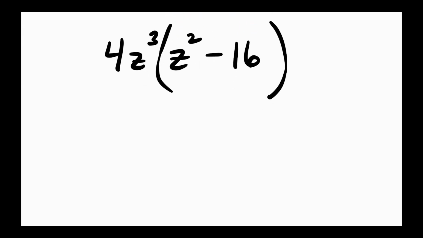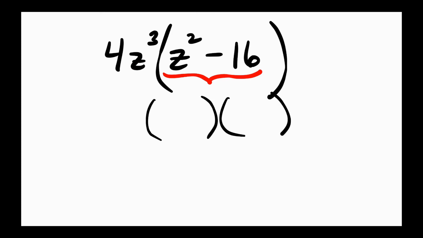The next step. Difference of squares. Is this guy difference of squares? Yes, it is. Right? It's going to break down to be z plus something and z minus something.